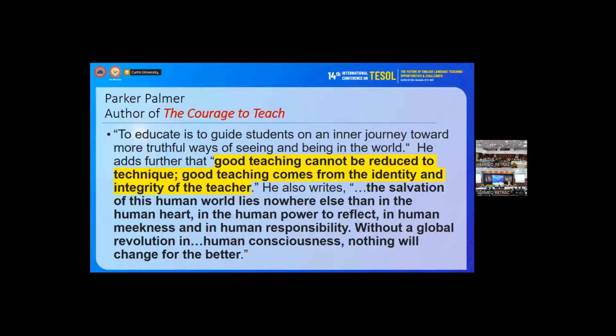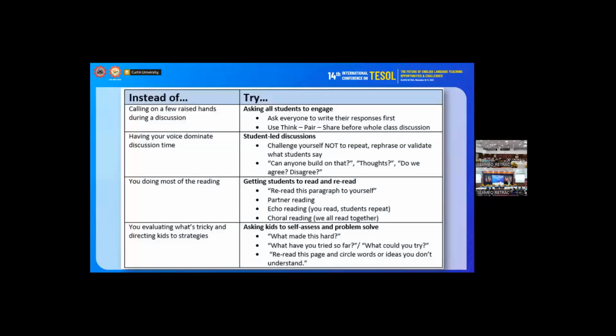And when it comes to participation, the author, her name is Emily Greenwood Lang. And she said a teacher should only talk 20% of class time. 30%, well, okay.